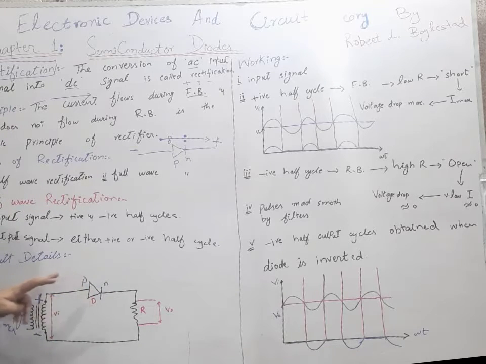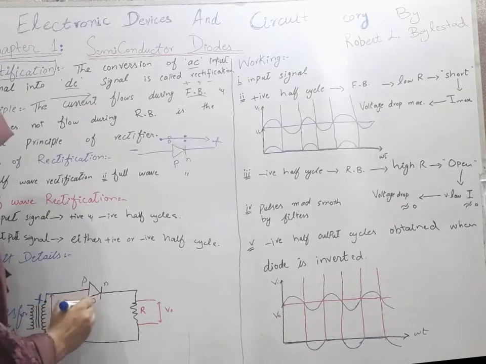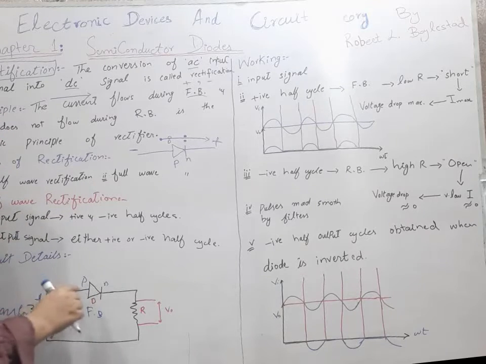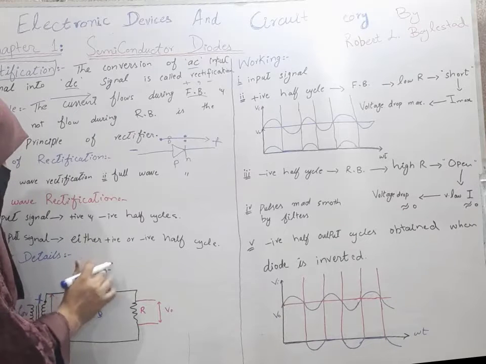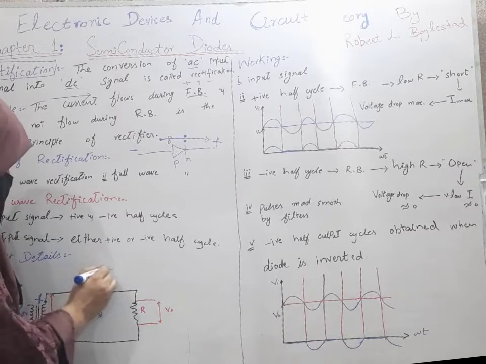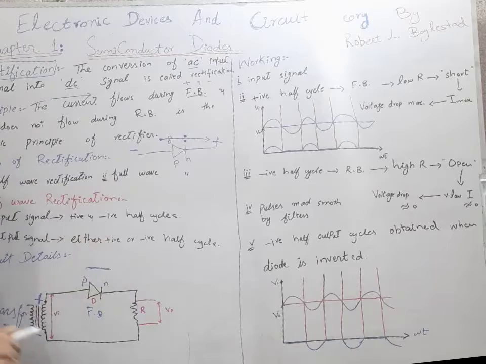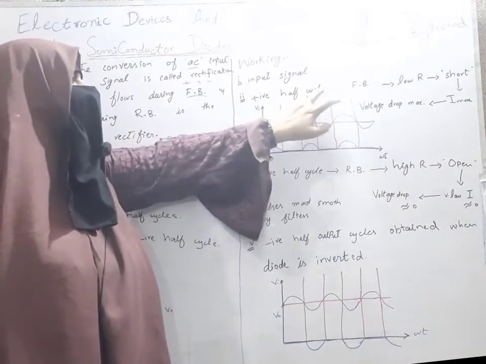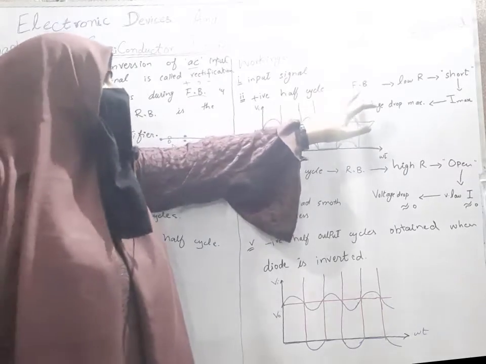The P side is connected to the positive terminal, so it will act as forward biased. When it is forward biased, maximum current can flow. It will act as a closed circuit like this. When we have the positive half cycle, our diode will act as forward biased.